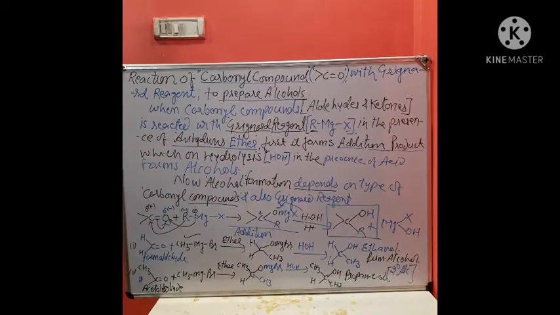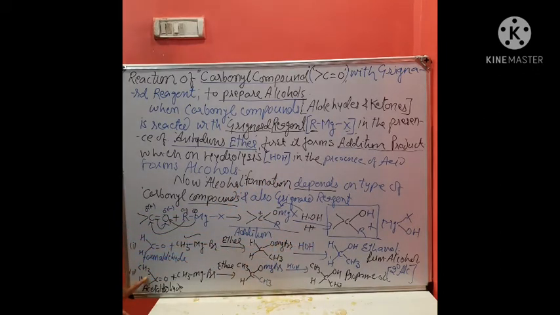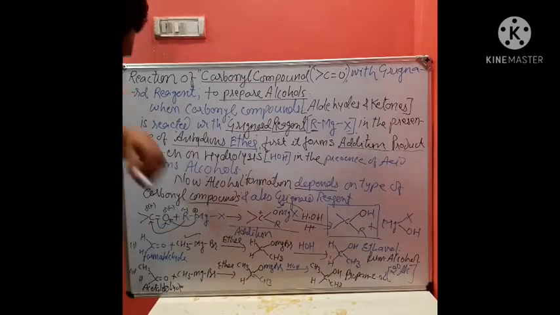So here there is one point of knowledge: if formaldehyde reacts with the Grignard reagent, it forms a primary alcohol. If acetaldehyde reacts with the Grignard reagent, it forms a secondary alcohol. So this is the distinction between formaldehyde and acetaldehyde. Next we will see the reaction with ketone.